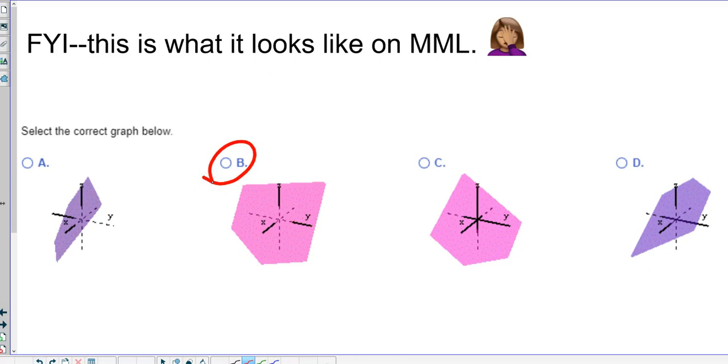Our intercepts were all positive, right? See how you've got dotted pieces and solid pieces? Your solid piece should start on +3, +4.5, +4.5, and then come out. The other ones, like here, I can tell that the y is negative. Same thing here and here, we've got those problems as well. So that's what it'll look like on MyMathLab. Let me know if you have issues.